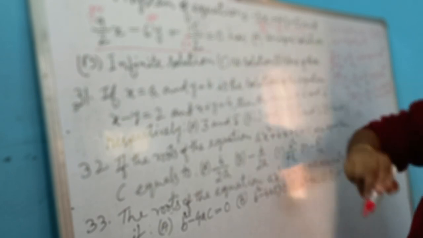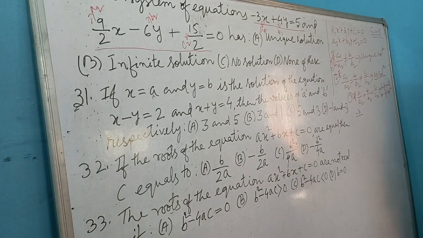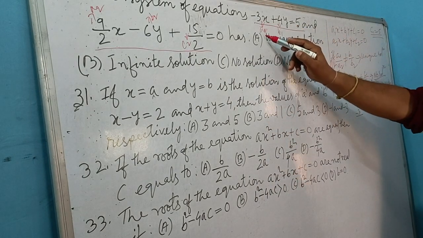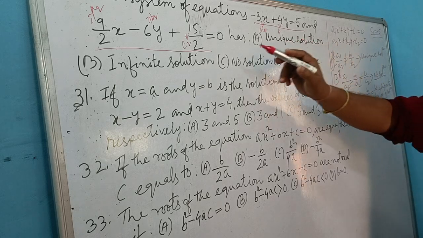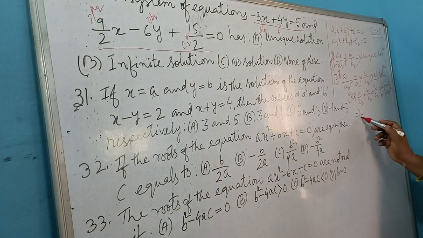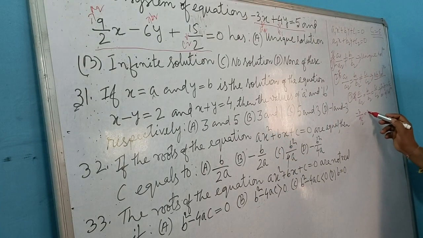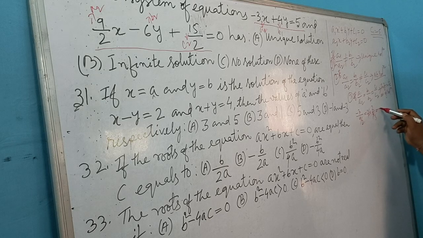Clear? Now you see a1/a2. a1 is minus 3, a2 is 9/2. If you divide, minus 3 into the reciprocal 2/9, 3 ones are 3, 3 threes are 9. So it is coming minus 2/3.